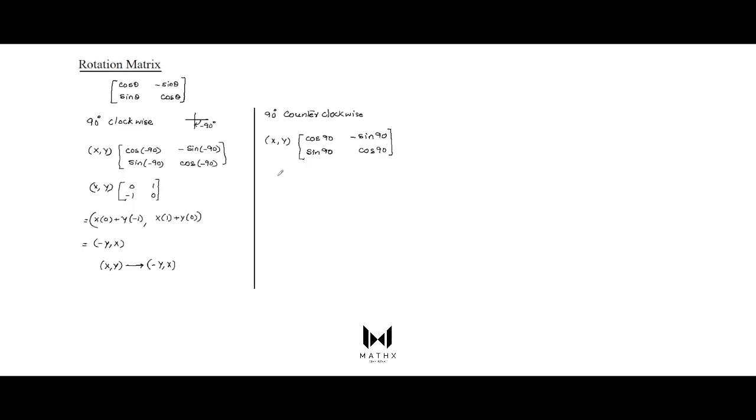Now the value of cosine 90 is 0, sine 90 is 1, so negative 1, 1 and 0.